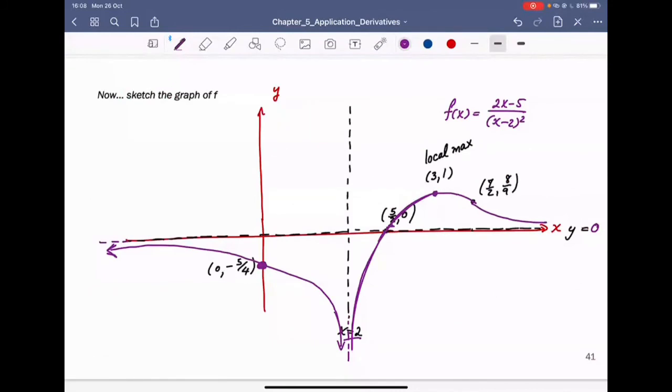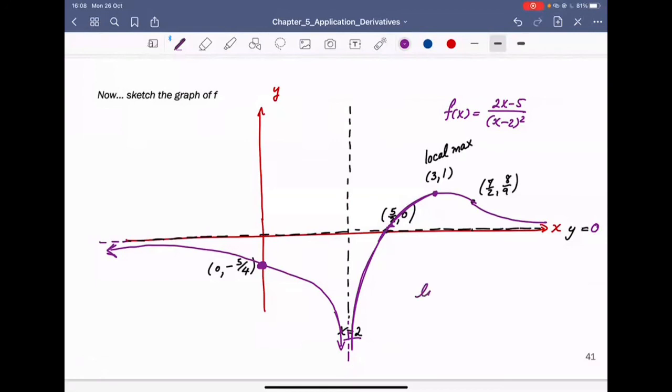Any question? How can the line pass the vertical asymptote? Okay, so again, the horizontal asymptote y equal to 0, you can pass it, but at the behavior at infinity, you cannot touch it. Does it make sense?